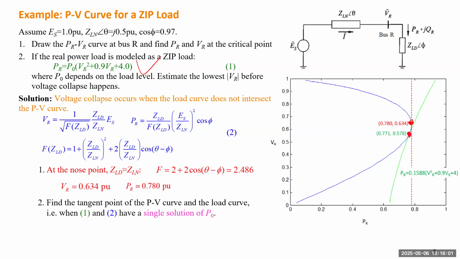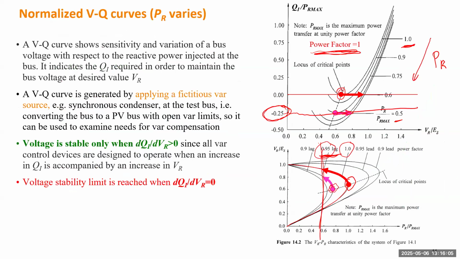Similarly here, if we use the VQ curve to study control, it tells you how much reactive power you want to inject into the system. But there's no constant reactive source you can guarantee to give you that much reactive power, no matter what voltage you operate the system at.